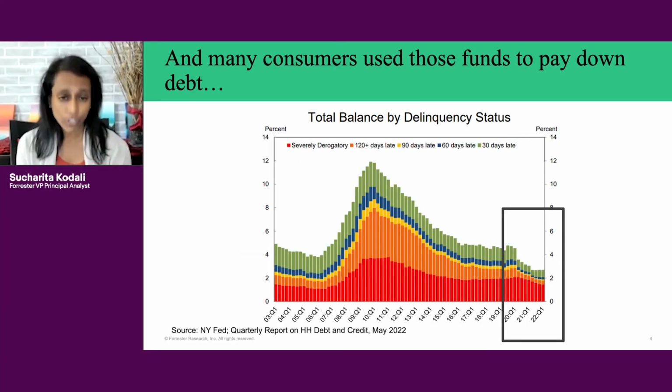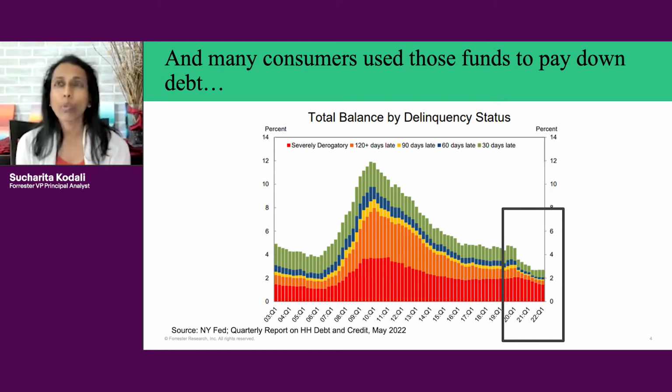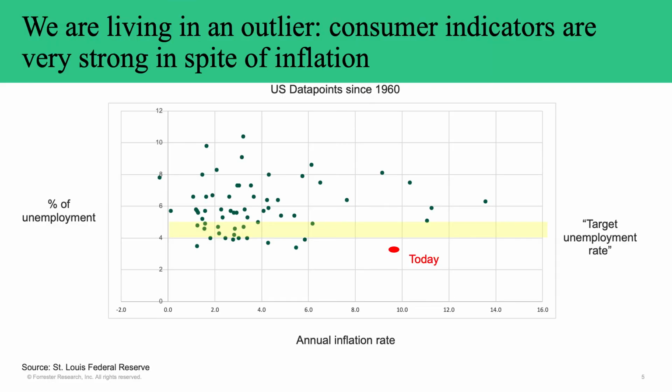So that also put them in a much, much better financial predicament by the end of the pandemic. And really, what I would describe is it took them out of their financial straitjackets that in many ways had held these consumers back.